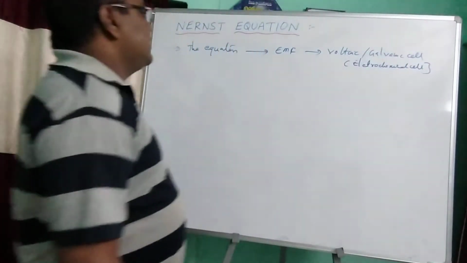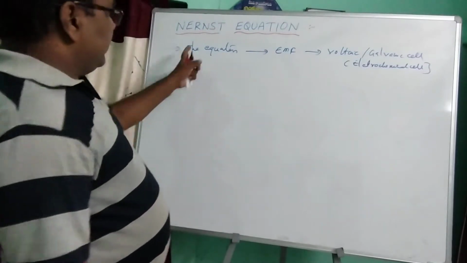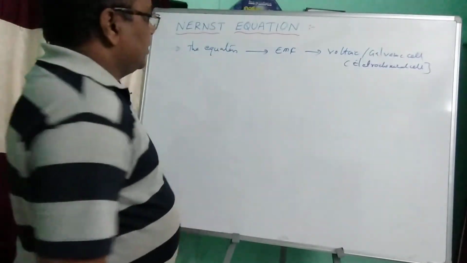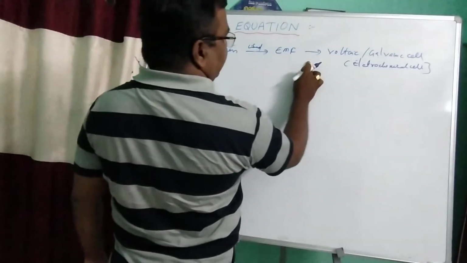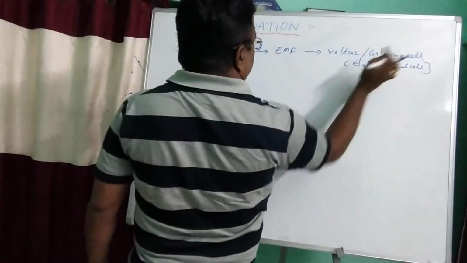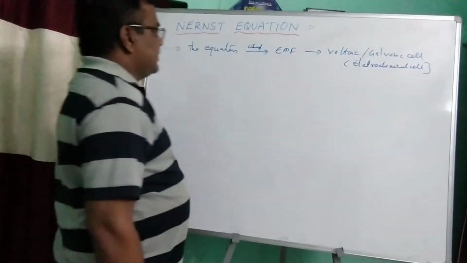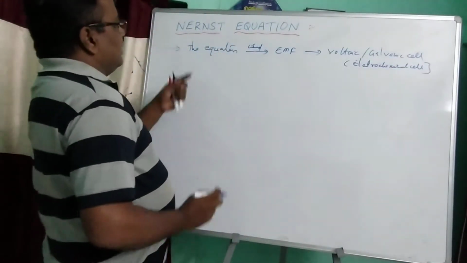So what is the Nernst equation? The equation which is used to calculate the EMF of the voltaic or galvanic cell, that is to say electrochemical cells, is known as the Nernst equation.